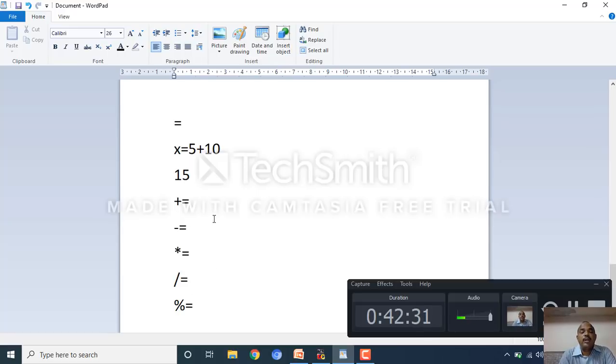For example, a plus equal to b means a equal to a plus b. Clear all of you? Next, a minus equal to b, where a equal to a minus b. A asterisk equal to b, where a equal to a asterisk b. A slash equal to b, where a equal to a slash b. Then a percentile equal to b, where a equal to a percentile b.